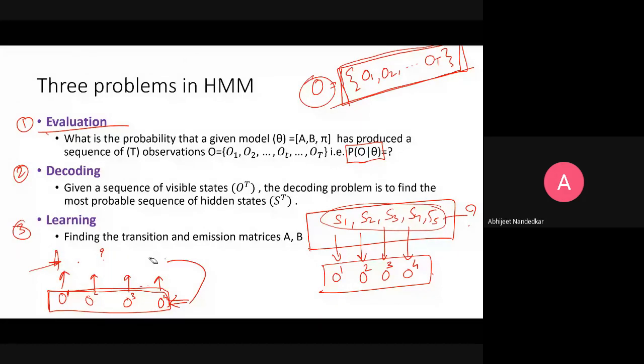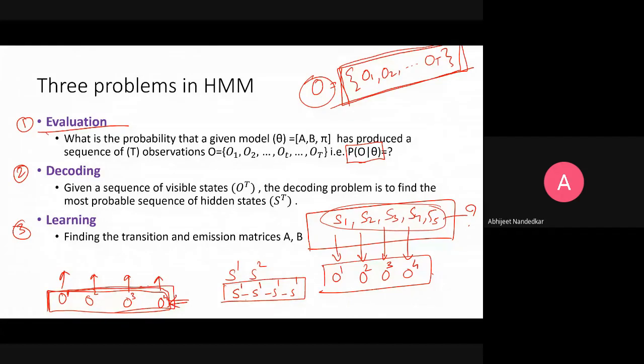So there are many possible combinations of hidden states. Suppose there are two hidden states, say S1 and S2. Then the first one is S1, the second one is also S1, the third one is also S1, the fourth one is also S1, but the observables are these.